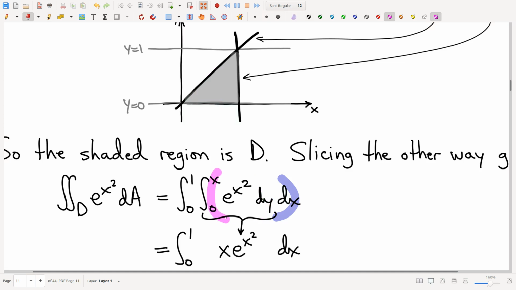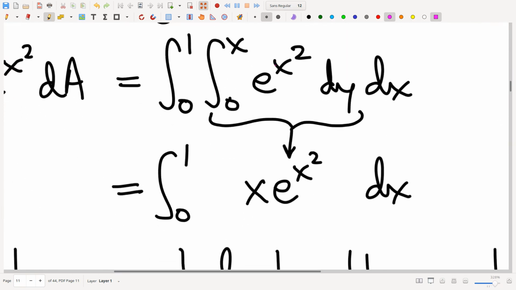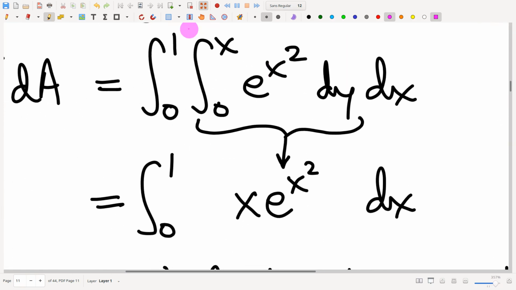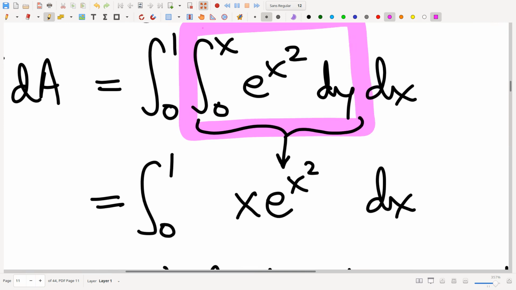And the clever little tricky thing that happens now, at a quick glance, it looks like there's no help. I mean, we still have, right here, the same problem, that e to the x squared is our integrand. But now you can integrate it, because the inside variable is now y, not x.